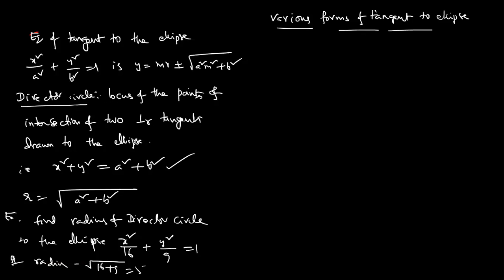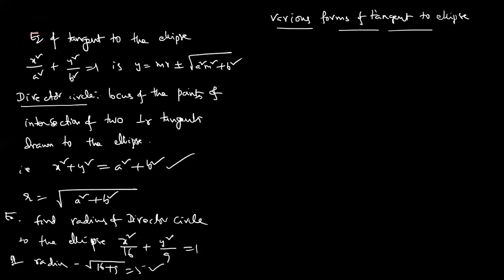That is x square plus y square is equal to a square plus b square. So radius is what? The line segment joining the endpoints of the minor axis and major axis. This is the example we discussed yesterday. See, find the radius of the director circle of the ellipse. The r is equal to 5.